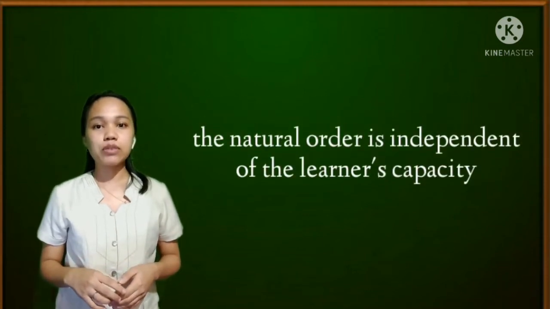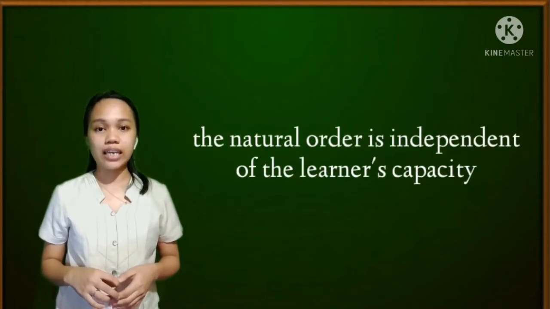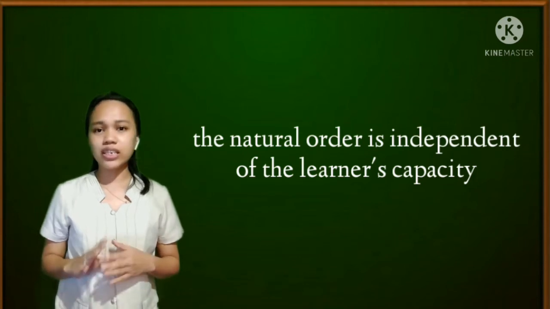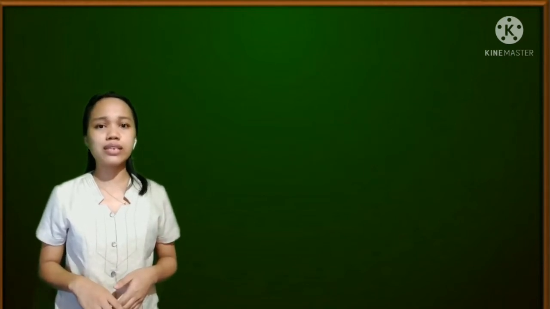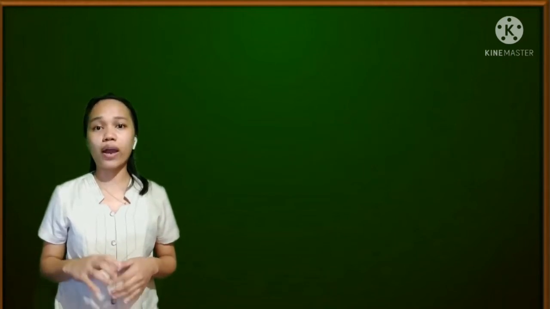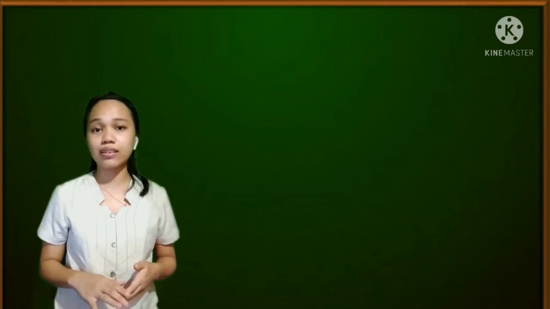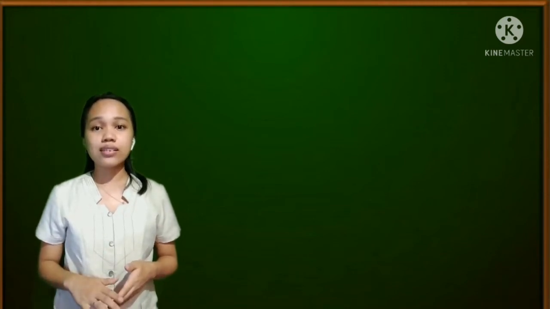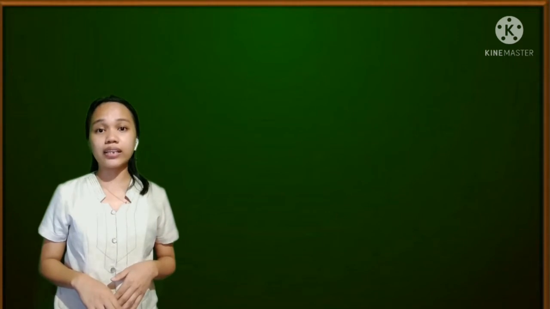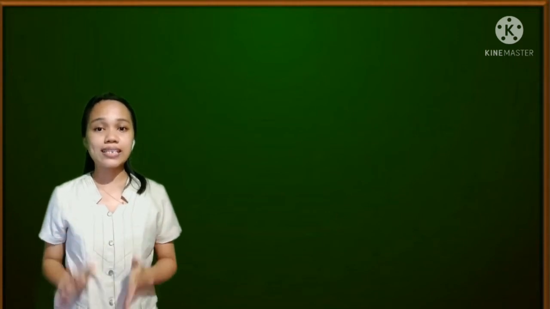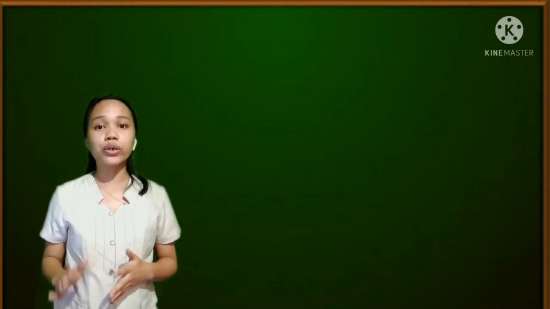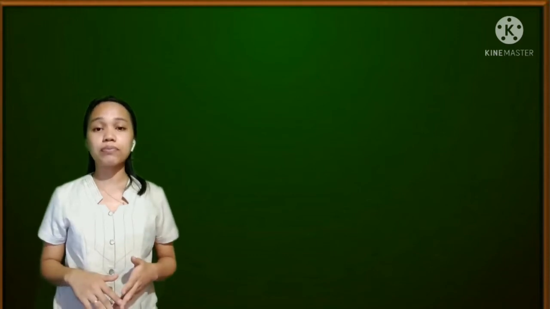These orders seem to be independent of the learner's age, background, and conditions of exposure, and although the agreement between individual acquirers was not always 100% in the studies, there were statistically significant similarities that reinforce the existence of a natural order of language acquisition.